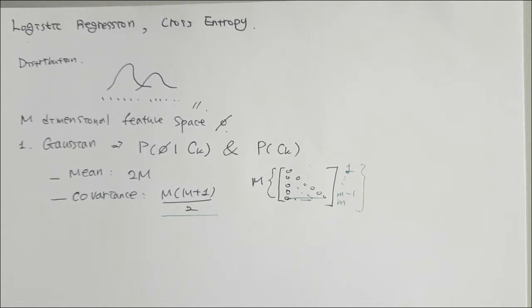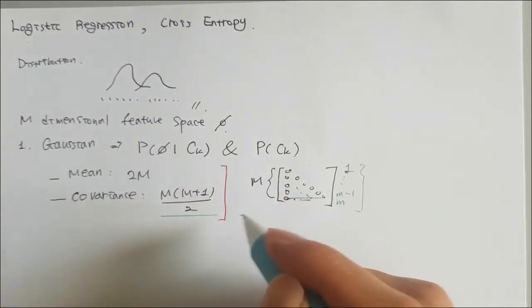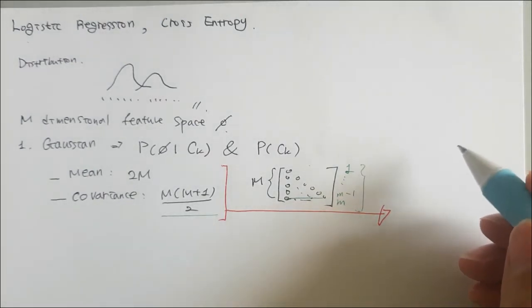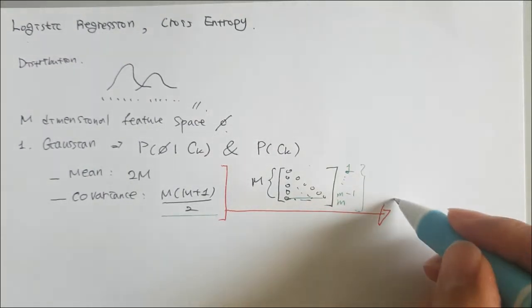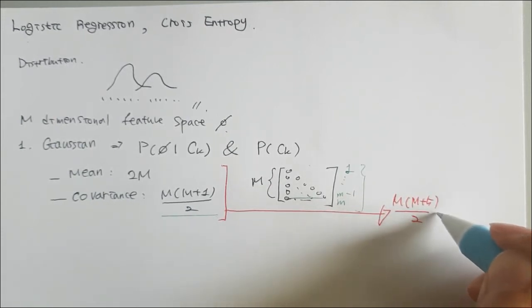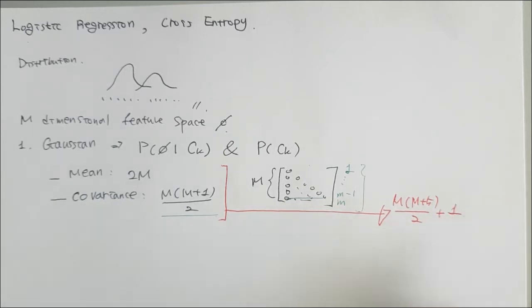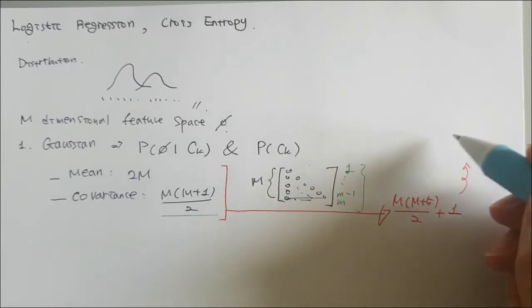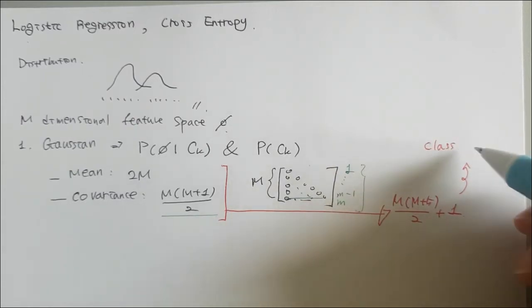Therefore we have to calculate m times m plus 5 over 2, plus 1. The 1 comes from the class prior.